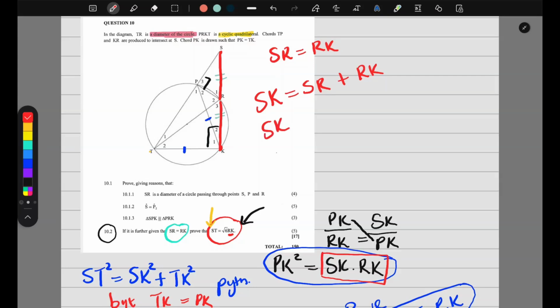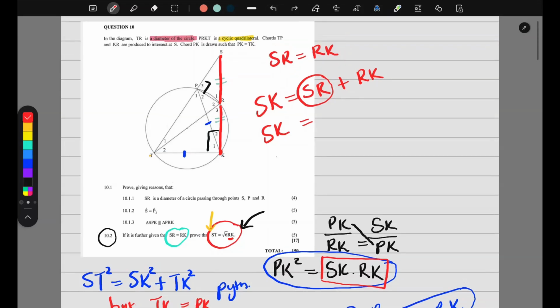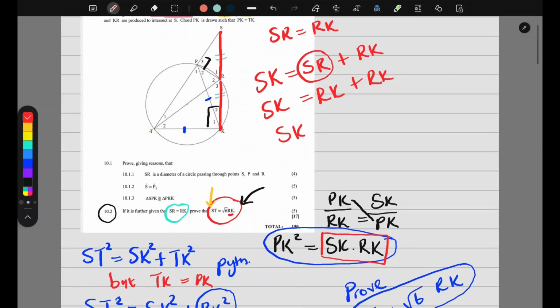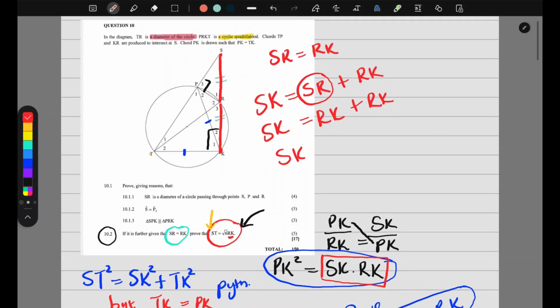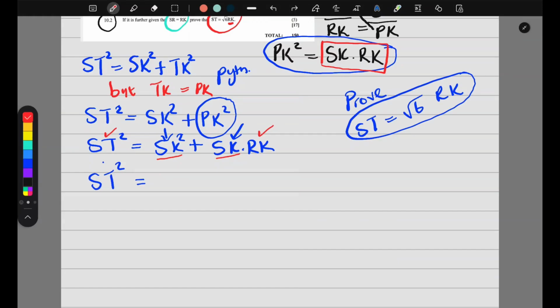So SK is equal to, now can't I replace SR with RK? Because SR is the same as RK. So I'm going to write SK is RK plus RK. So SK is actually 2RK. So I'm going to rewrite that information down here for you so you can see. We said SK is 2RK.